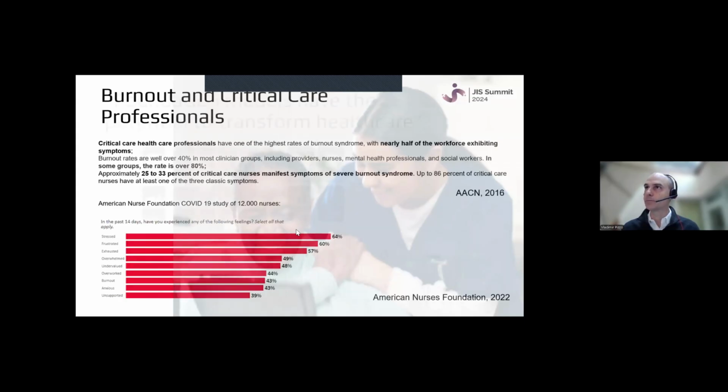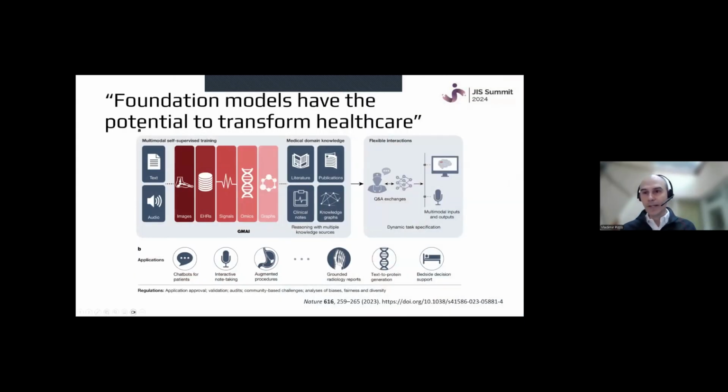And then we face this new era where AI has taken place. It's now here. When we talk about generative AI or foundation models, it's clear that there's potential to transform healthcare. I like very much this recent publication in Nature highlighting a potential framework that we can rely on to implement AI technologies and support adoption.